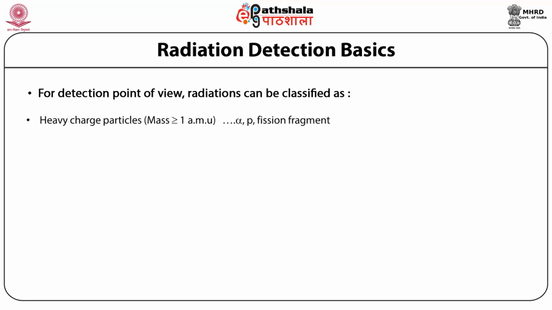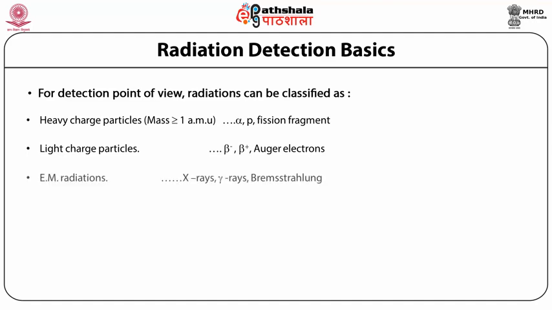Heavy charged particle means whose mass is greater than or equal to 1 atomic mass unit, and the radiations which fall under this category are alpha particles, protons, fission fragments, etc. Then we have another category, light charged particles, whose mass is very small. Examples are beta particles, positrons, Auger electrons, etc. Then there are electromagnetic radiations. Electromagnetic radiations are not particles, they are basically radiation or energy.